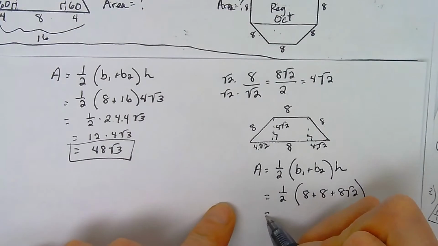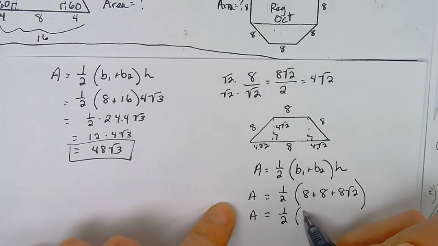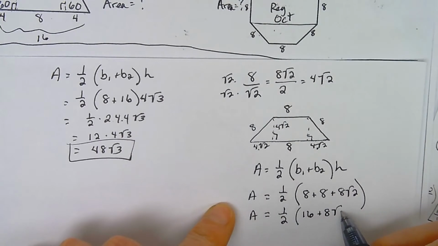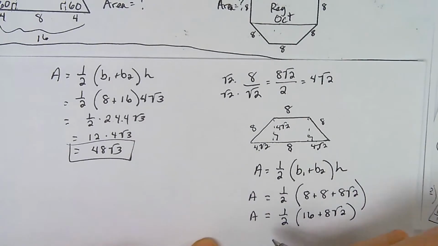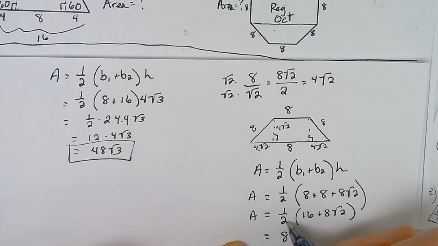Okay, so the area is equal to 1/2 of, simplifying this, 16 plus 8 rad 2. I'm distributing the 1/2. 1/2 of 16 is 8, and 1/2 of 8 rad 2 is 4 rad 2.